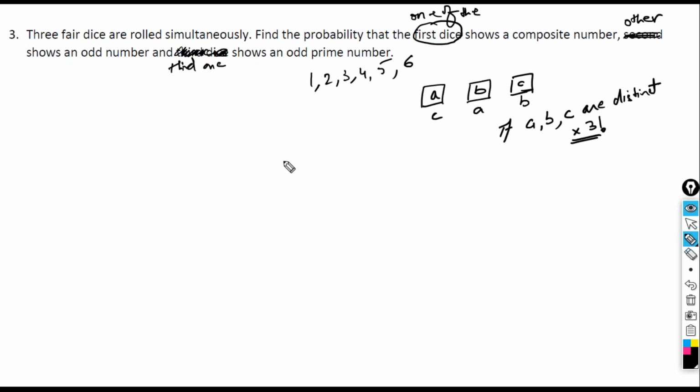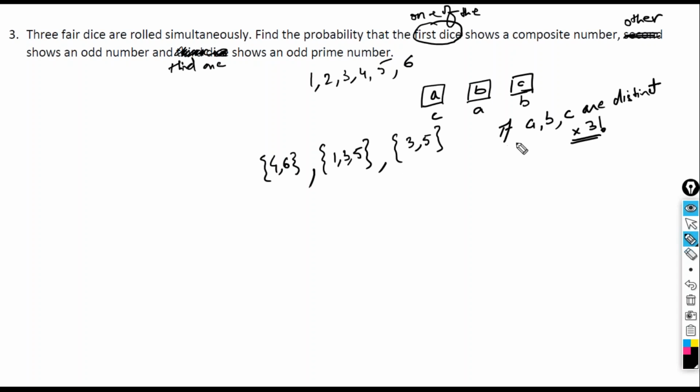Are you able to understand this thing? If for one of the dice I require a composite number, which can be out of 4 and 6, on another dice I require an odd number, which is out of 1, 3 and 5, and in the third case I require an odd prime number, which is among 3 and 5, right?